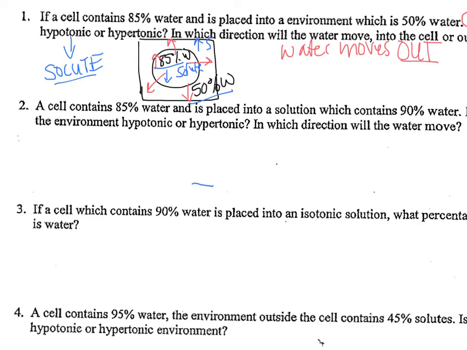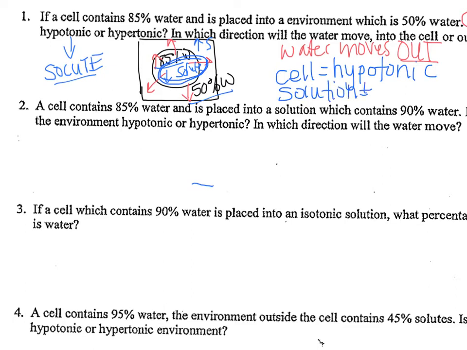So I look inside my cell and I see that it has low solute. Therefore, the cell equals low, hypotonic. All right, if you got hypertonic, you probably said the solution or the environment was hypertonic. And that is right, but it's not what the question was asking. So if I look outside in my beaker, it is high solute. If you have lots of sugar, you're hyper, but make sure that you read carefully.